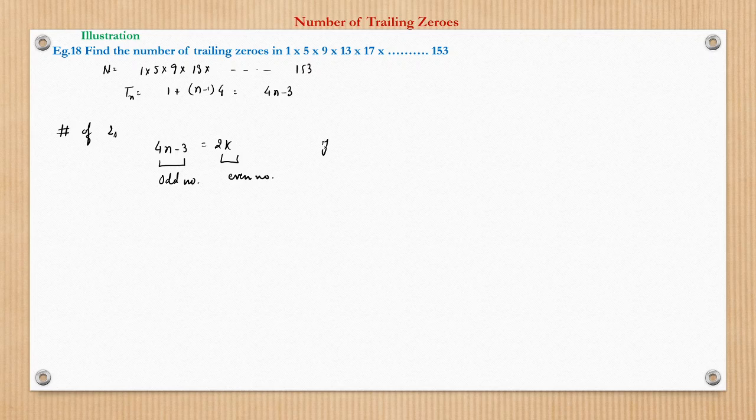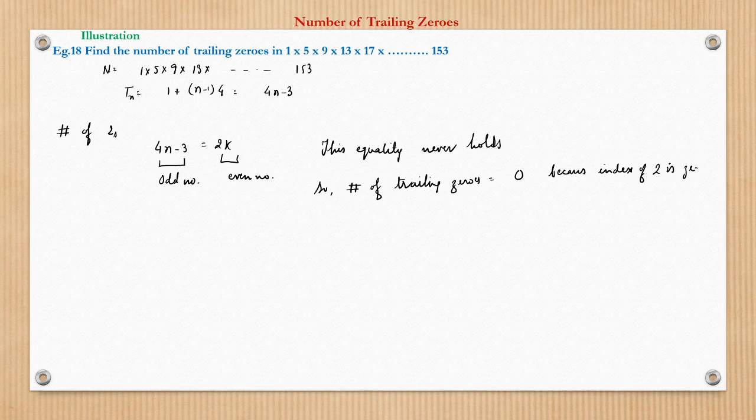So this equality never holds. So therefore, the number of trailing zeros would be nothing but 0, because the index of 2 is 0.